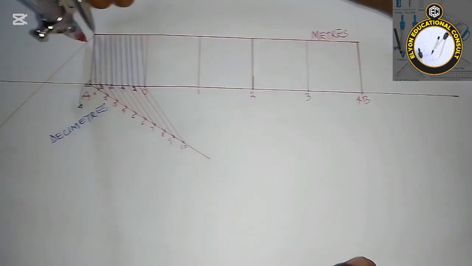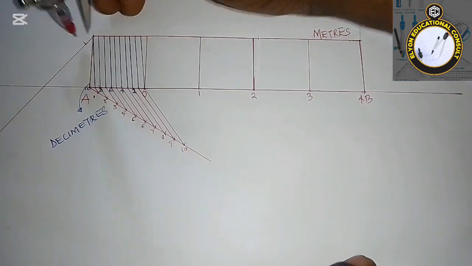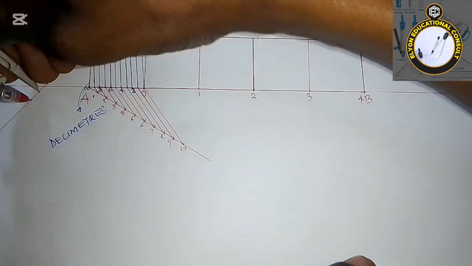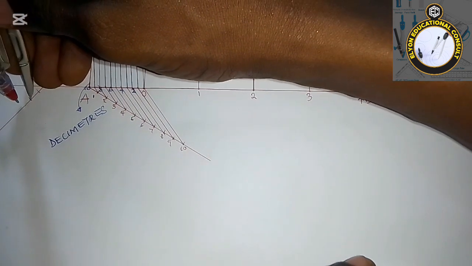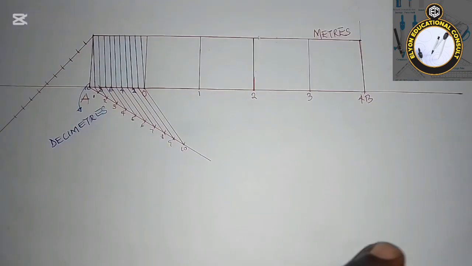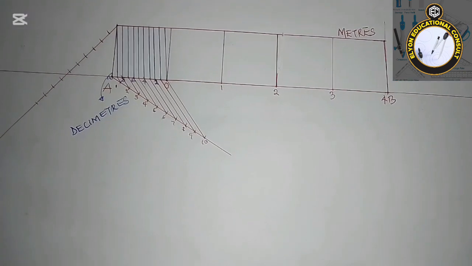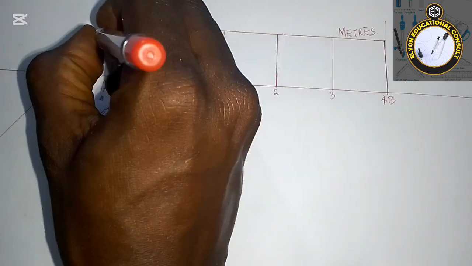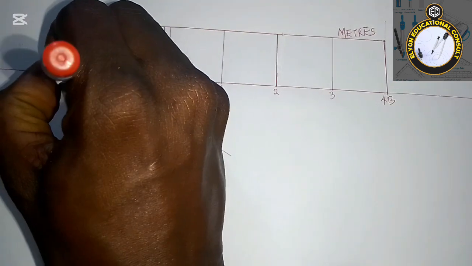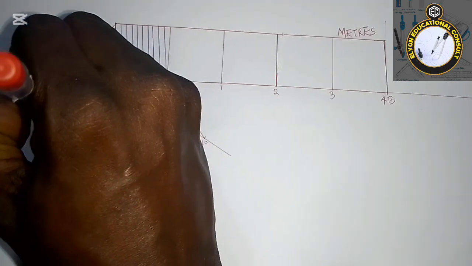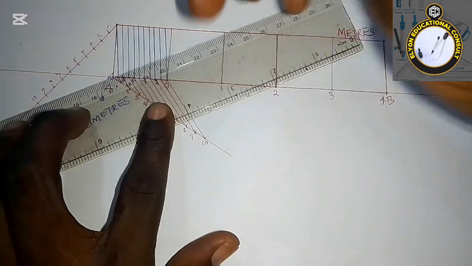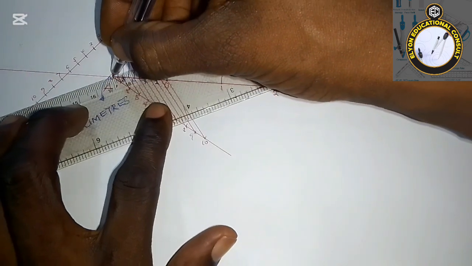Step of 1, 2, 8, 9, and 10. Let's just number that 1, 2, 3, 4, 5, 6, 7, 8, 9, and 10. So I will join the 10th part to this part here.